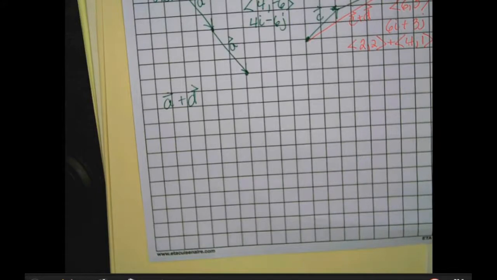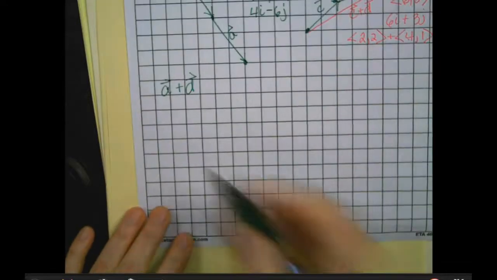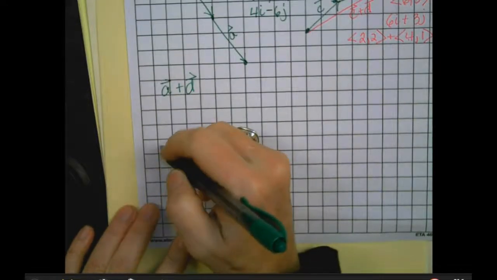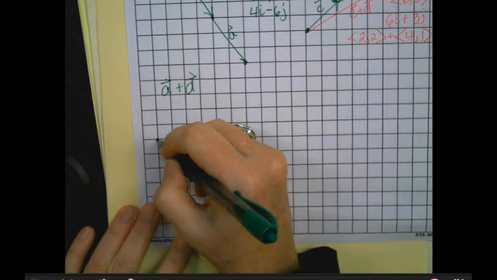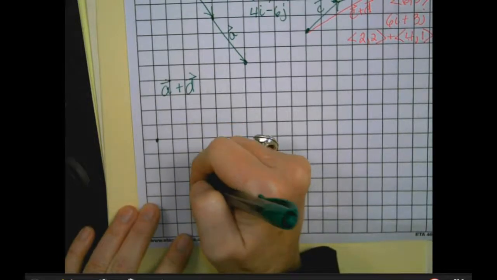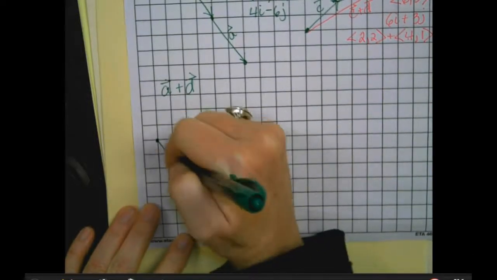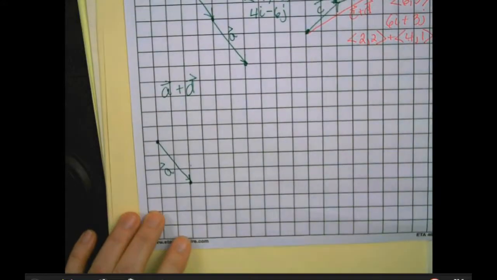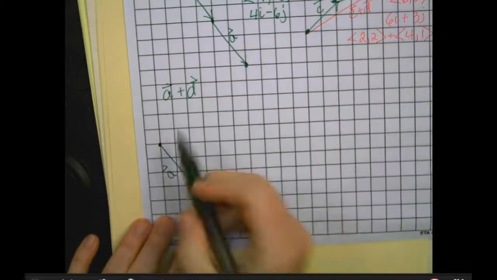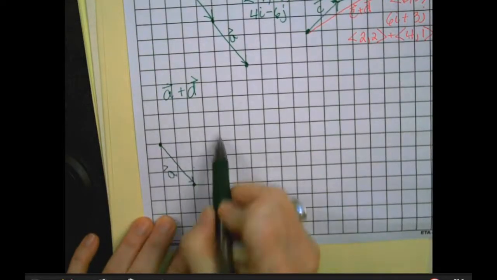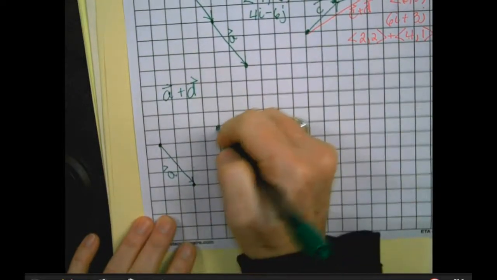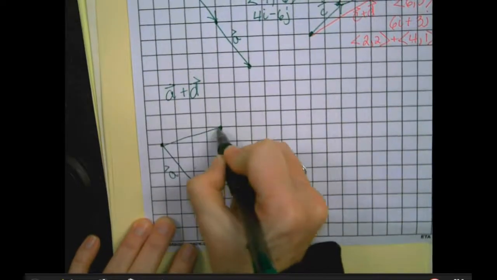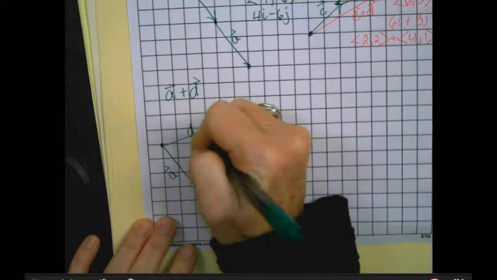The two initials go together. So if I start with A, if I start here, I go over 2 and down 3. Here's my A. Here's my D. I'm going to go over 4 and up 1. So initial to initial. So I had A and D.